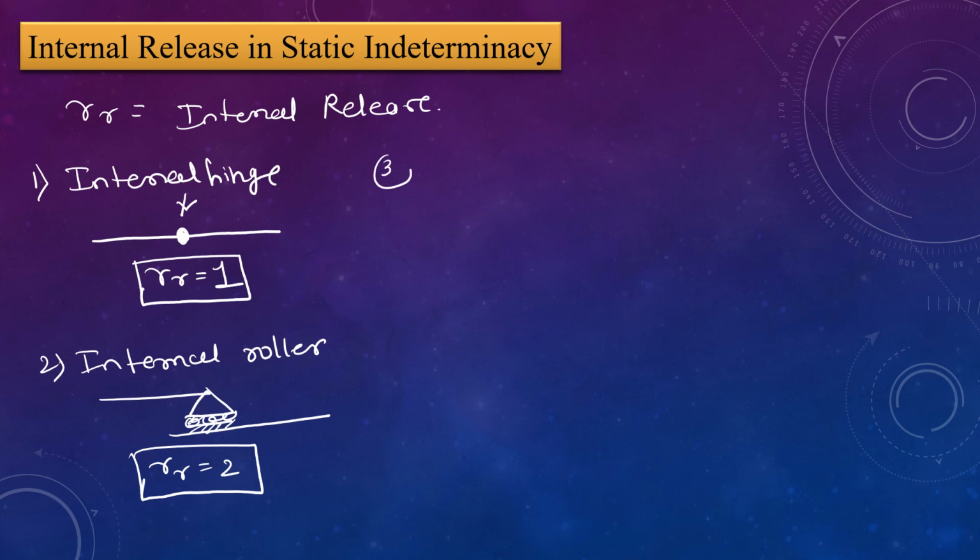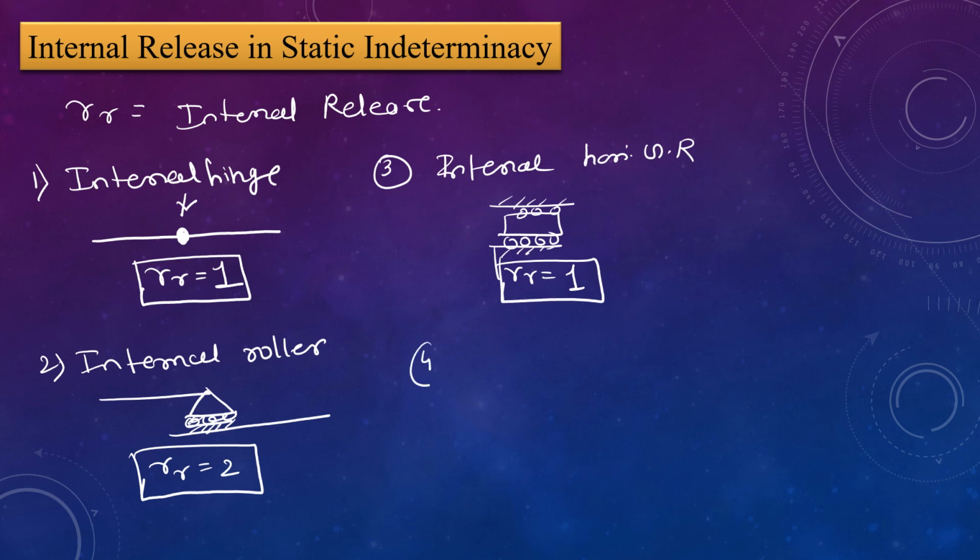Then next, the internal horizontal guided roller, and the RR value here is equal to 1. Then the internal vertical guided roller, and the value of RR here is also equal to 1.